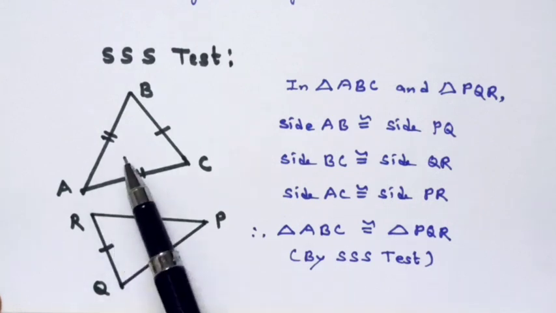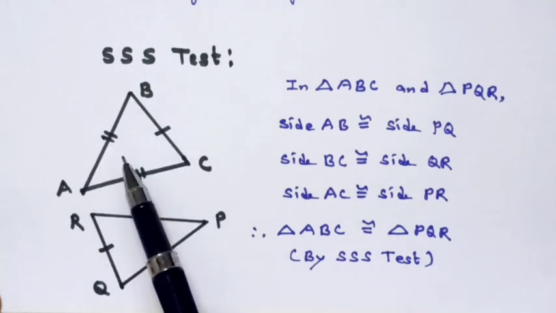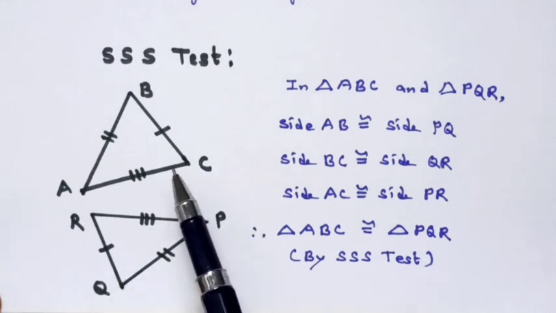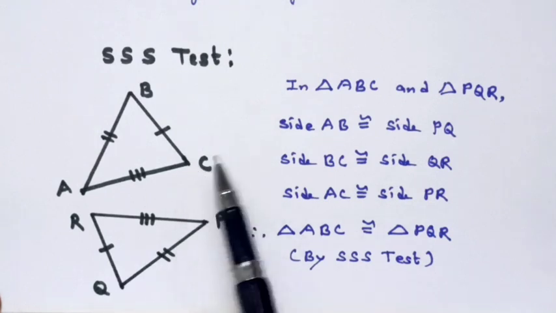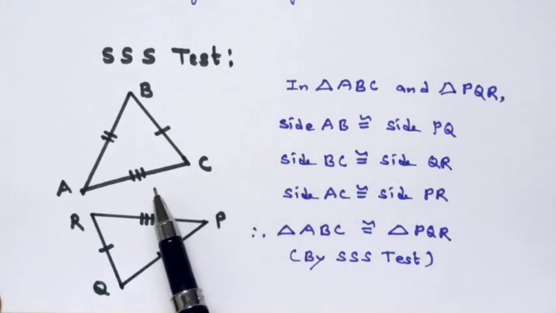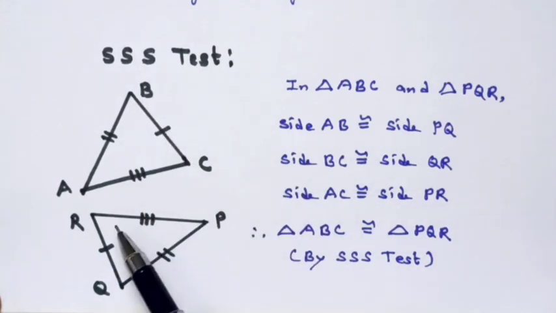So here side AB double mark will be congruent to side PQ. Side AB is congruent to side PQ. So write down side AB congruent to side PQ. Similarly, side BC single mark is congruent to side QR single mark.